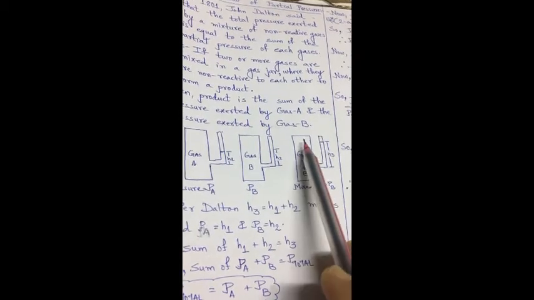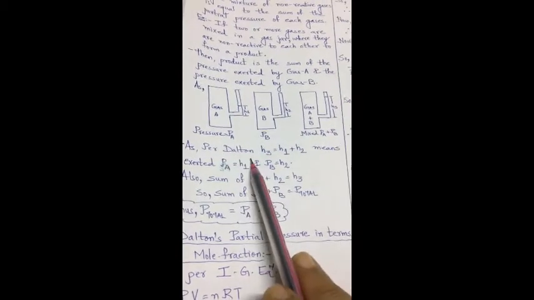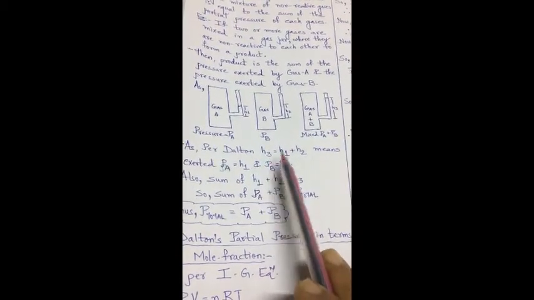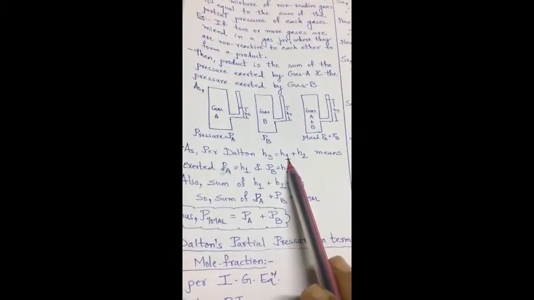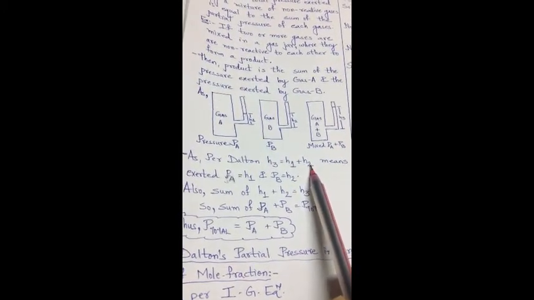Now when these two are combined in a similar jar, then the height will increase because A will also exert a pressure, B will also exert a pressure, and we will get height 3. Right? Mixed pressure of A and B. So as per Dalton, H3 is equal to H1, the mercury column height, plus H2, the mercury column height.